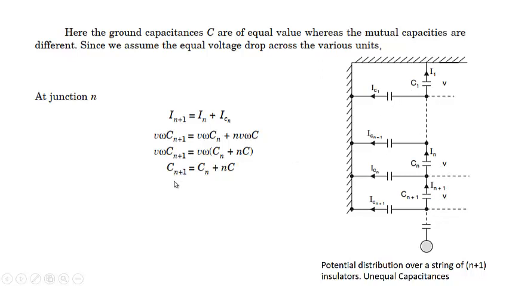So you can see C2, that is when n is equal to 1, C2 will be equal to C1 plus C. And C3 will be equal to C2 plus 2C, because C2 was equal to C1 plus C, that means C3 will be equal to C1 plus 3C. Similarly, you can calculate any value of the capacitance in terms of this C1 and in terms of this C.